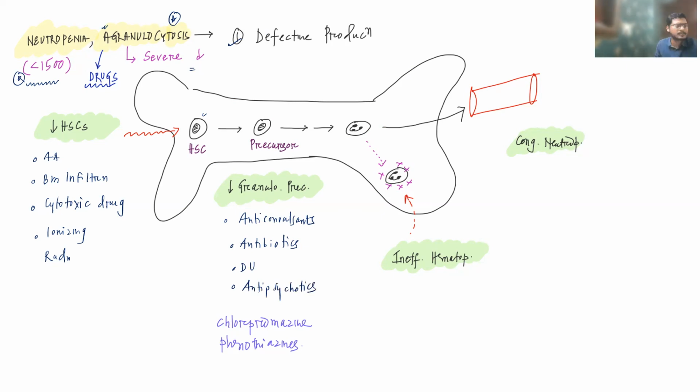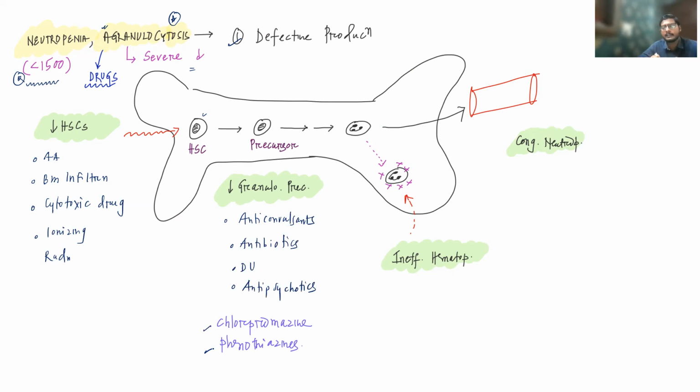There are various other drugs, and I'm not writing all of them. There are so many drugs which can cause neutropenia, but these are some of the important examples: some of the anticonvulsants, some of the antibiotics, diuretics, and antipsychotics, especially chlorpromazine and phenothiazines. These antipsychotic drugs are notorious for causing agranulocytosis because they damage the granulocyte precursors.